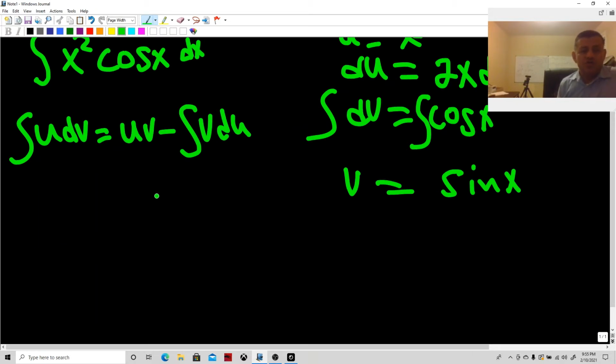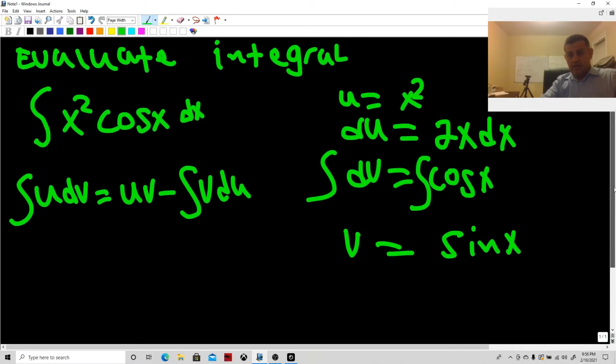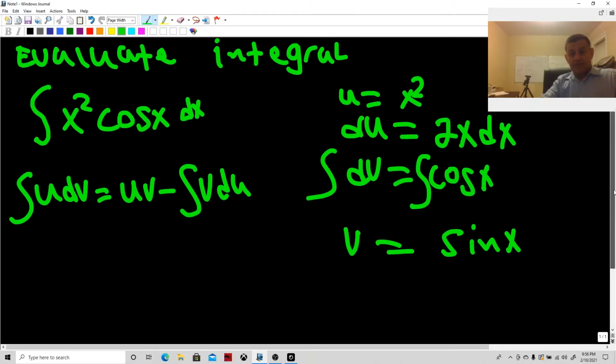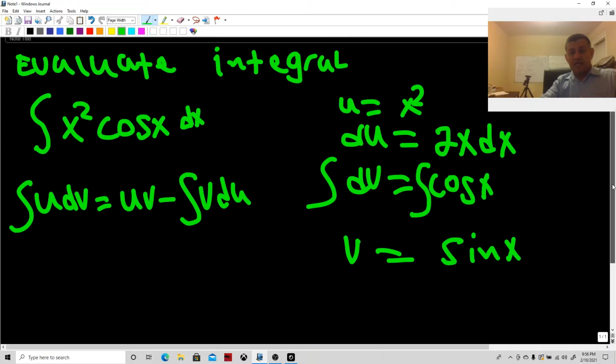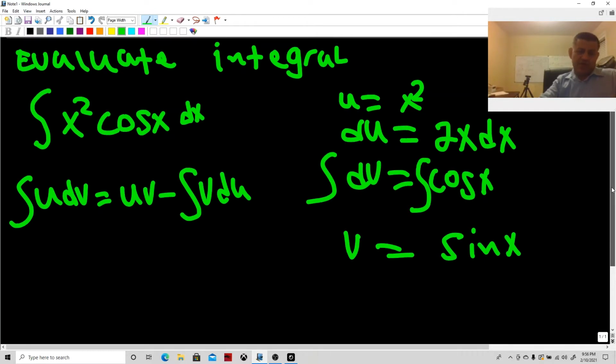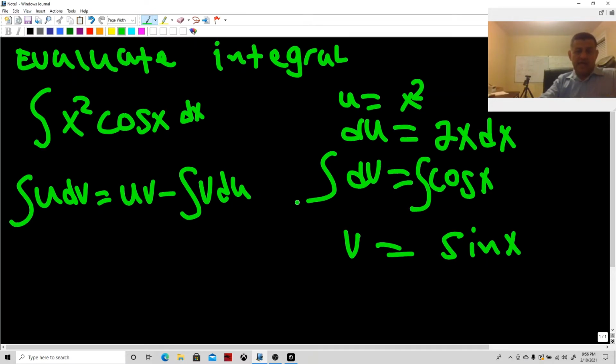So we have the correct expressions now. So we come here and we say, okay, what is u? Well, u is x squared, right? And what is du? Well, du is equal to 2x dx, right? So we have that right here. And then we have a v right here. Well, what is v? We just found it. It's sine x, right?